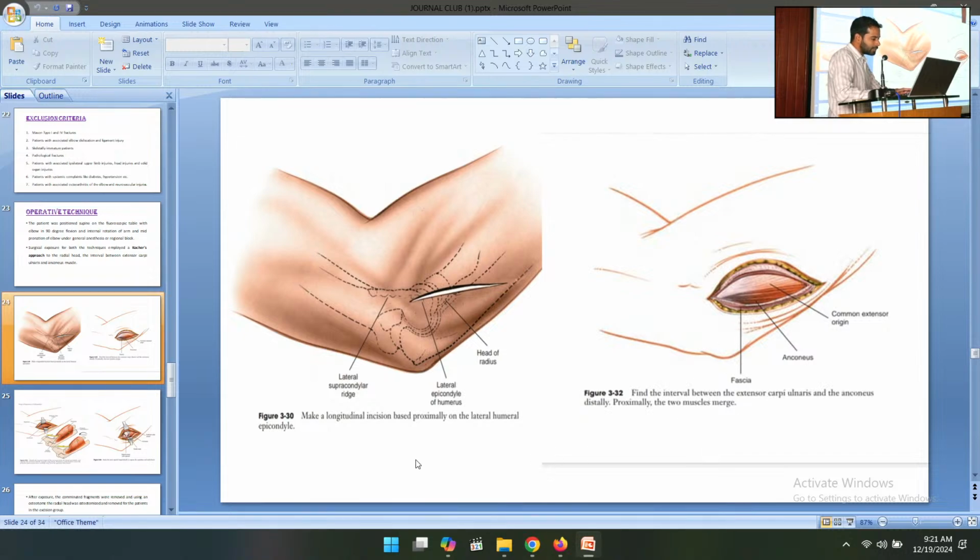Here, sir, we make a longitudinal incision based proximally on the lateral humeral epicondyle, and the interval between extensor carpi ulnaris and anconeus distally; proximally, these two muscles are merged.